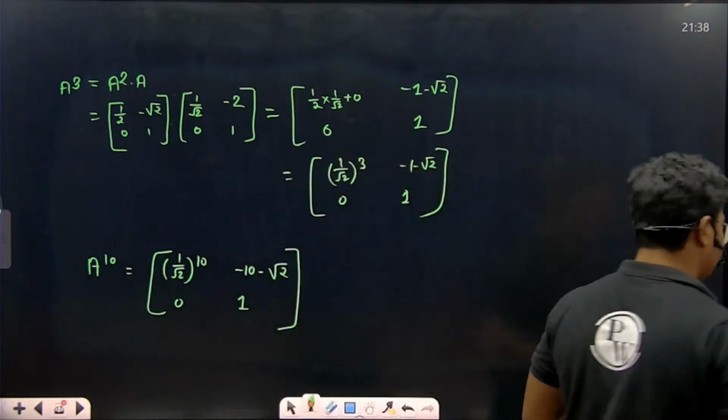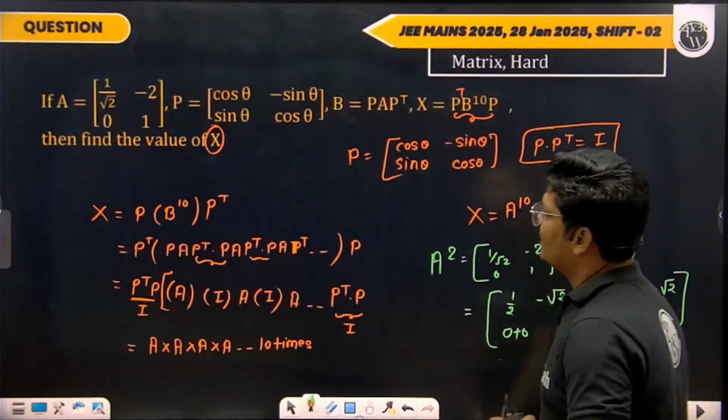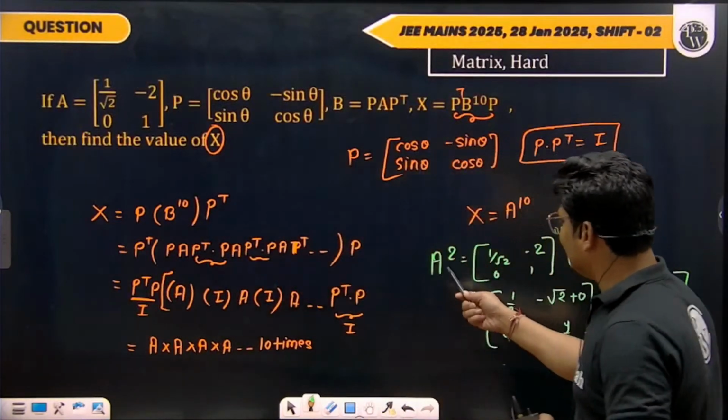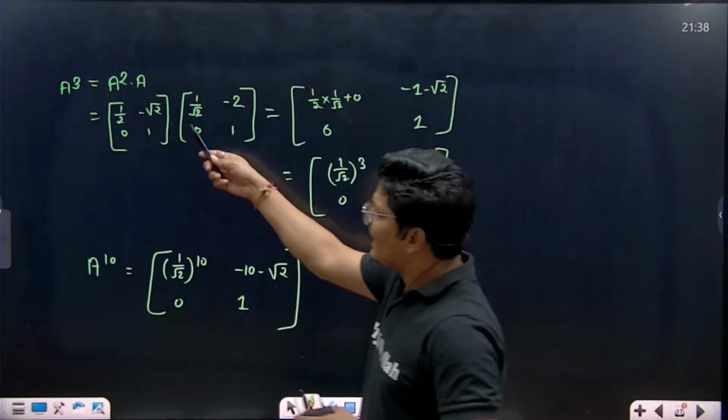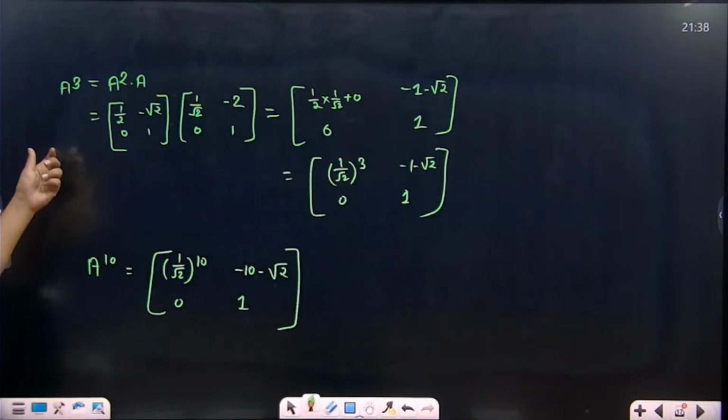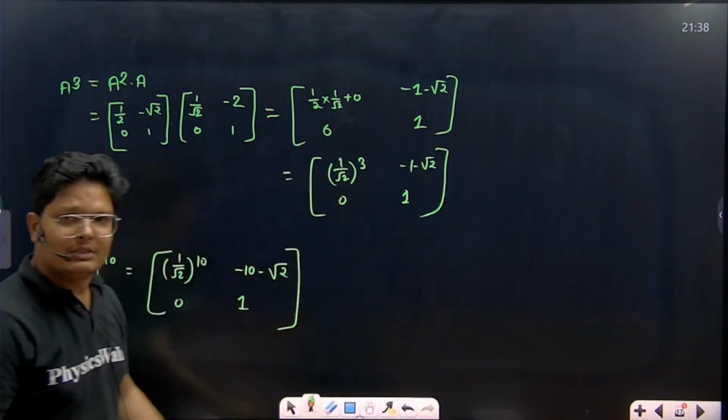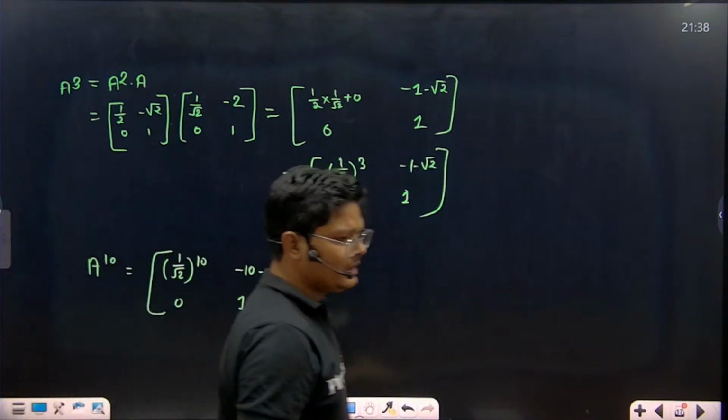So this is the value of A10. We have observed the pattern in the multiplication of A. So this is A square, and again we will find A cube, and next A to the power 4. So we will get a pattern in the elements of the matrices. Okay, I hope it is clear.